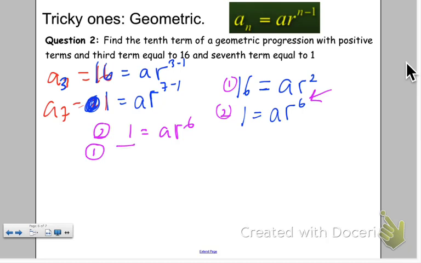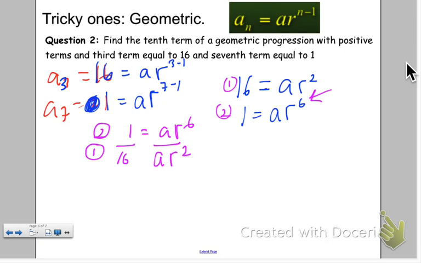If I divide this side by 16, that's the same as dividing this by a r squared, since 16 is equal to this. So I'm essentially just dividing these equations, only I put the bottom one on the top because I wanted the one with the bigger exponent on the top.